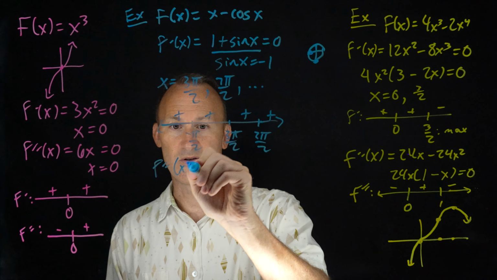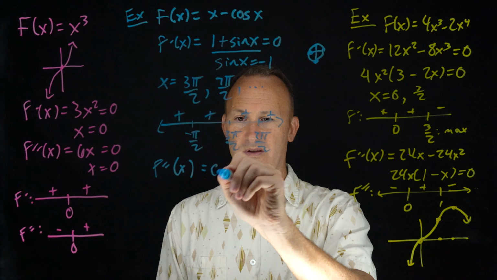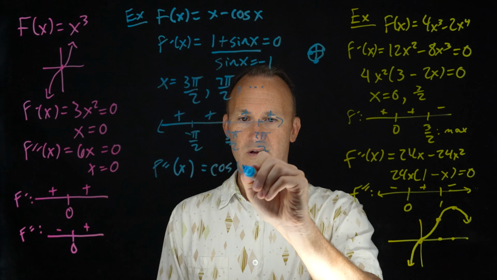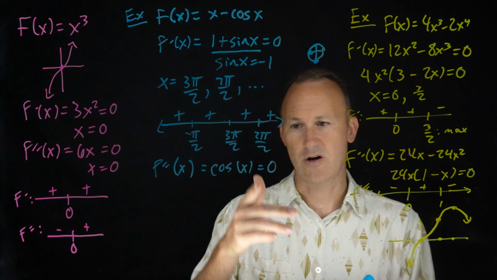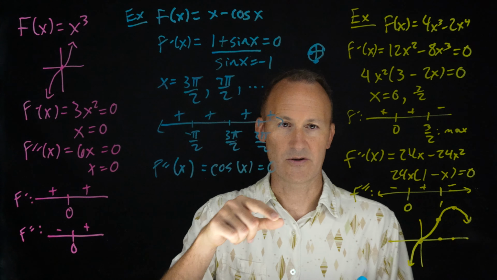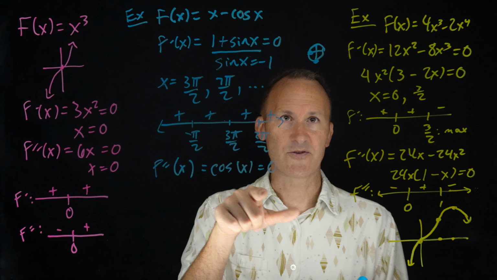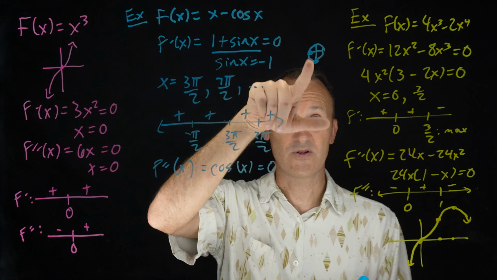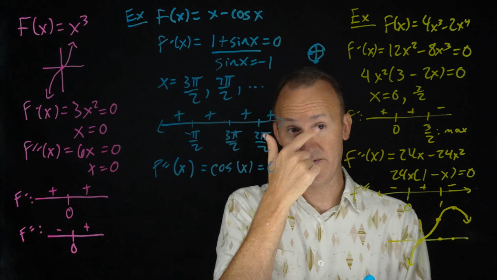Okay, what about the second derivatives? Well, we've got to compute them. So now we're here, derivative of sine is just cosine. So we get cosine x, and we want to set that equal to 0. Okay, well, when does the cosine of x equal 0? This is when the x value is... it's going to be these values, but also the ones above it.